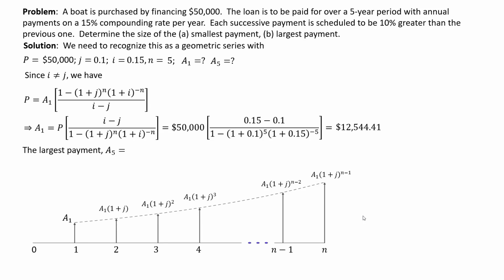All we need to do is plug 5 for n in this nth payment. And if we do that, we get $18,366.28. So the very first payment was $12,544, and the very last payment is $18,366, and in between it must have steadily increased by 10%.